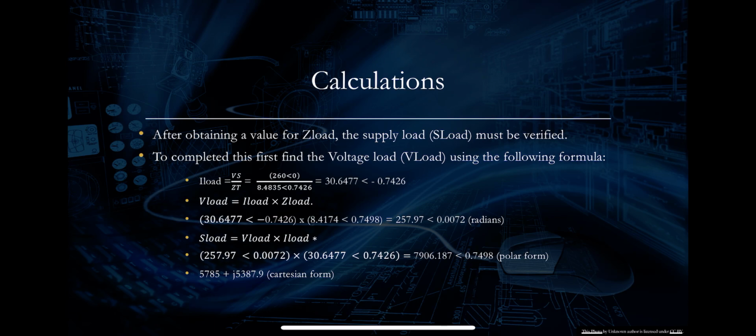Next we move on to V load equals I load times Z load, which we found to be 257.97 angle 0.0072. This will allow us to find the S load, which we found in polar form to be 7906.187 angle 0.7498, and in Cartesian form 5785 plus j5387.9.